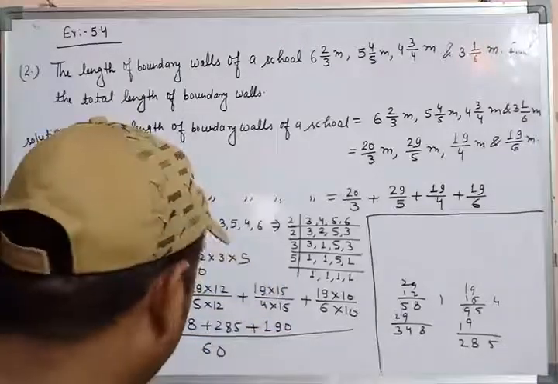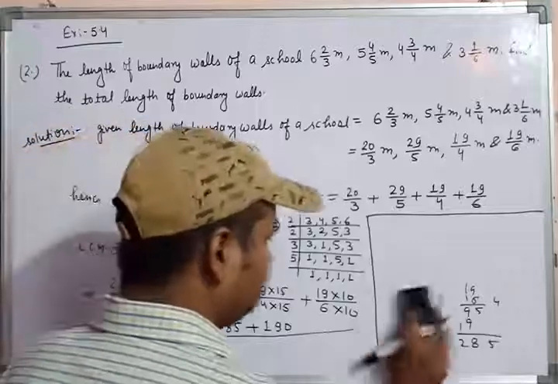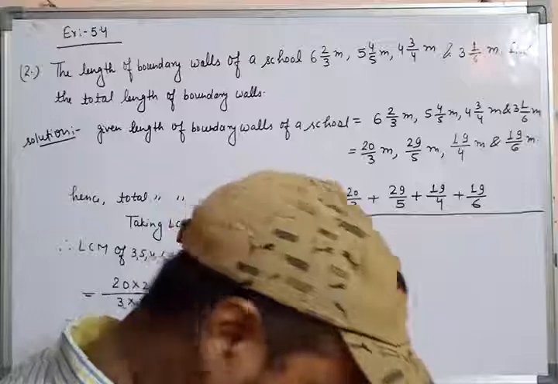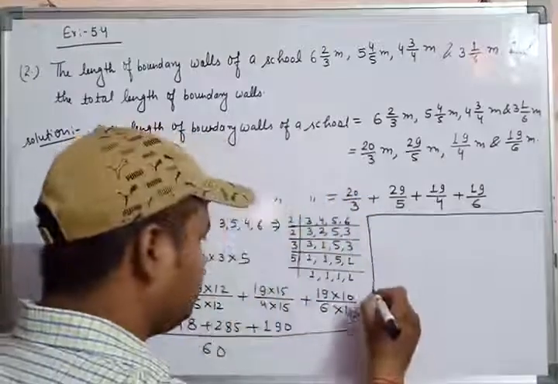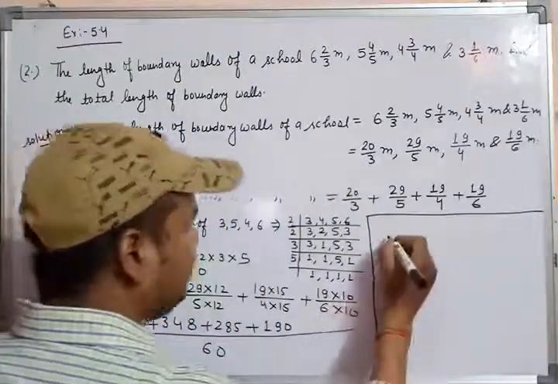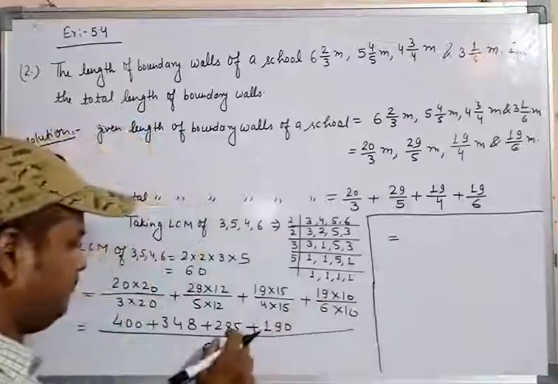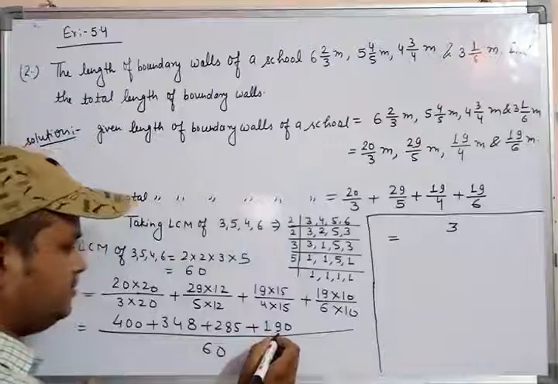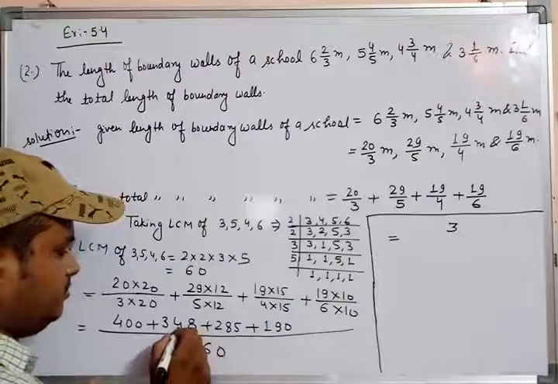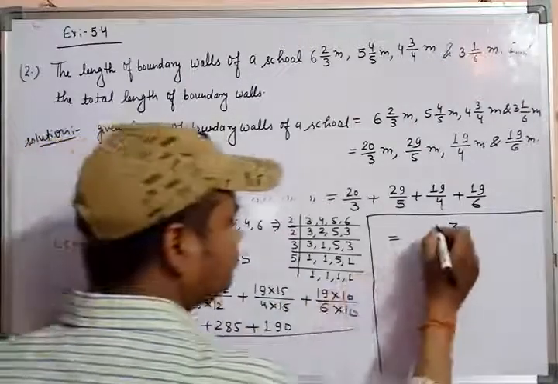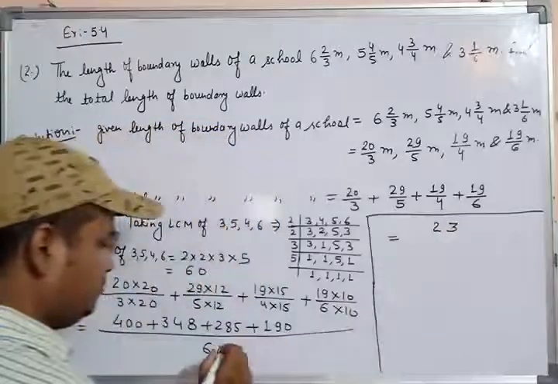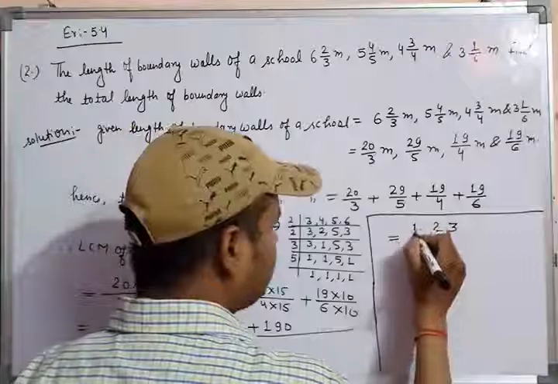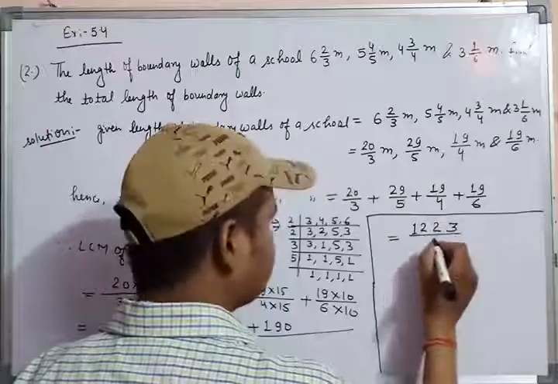So students, you have to add these numbers. So we can write here 5, 8, 13, 1 carry 9, 1, 10, 10, 8, 18, 18 and 4, 22, 2 carry 2, 1, 3, 3, 2, 5, 5, 3, 8, 8, 4, 12 upon 60.